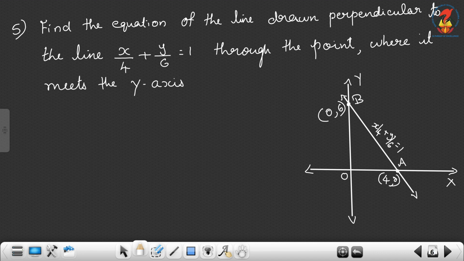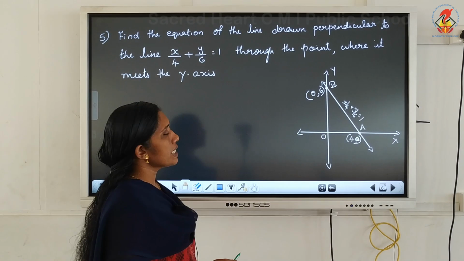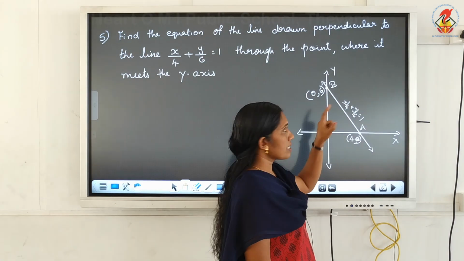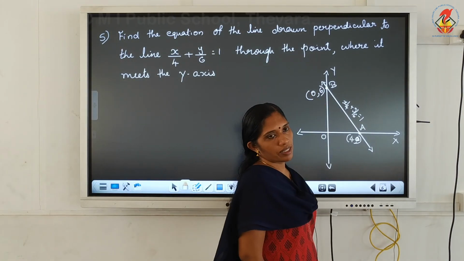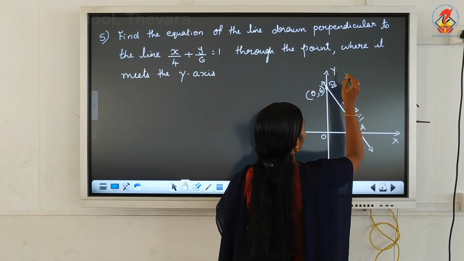Then what is the question? Find the equation of the line drawn perpendicular to this line. So, this is the line. What is the equation of the line perpendicular to this and through the point where it meets the y-axis? So this line meets the y-axis at the point 0, 6. Now we have to find the equation of another line.